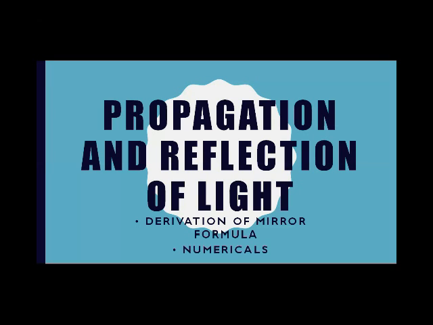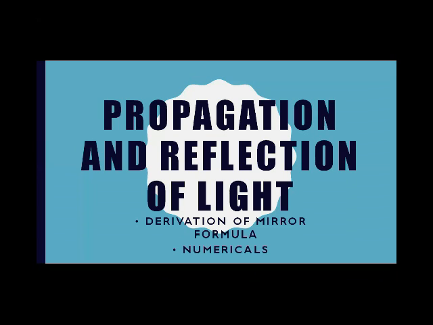Next is the convex mirror. For the convex mirror, the object distance is similarly represented by the small p and its value will always be positive, while the image distance will be negative. Why? Because it gives a diverging image, which is virtual and erect.